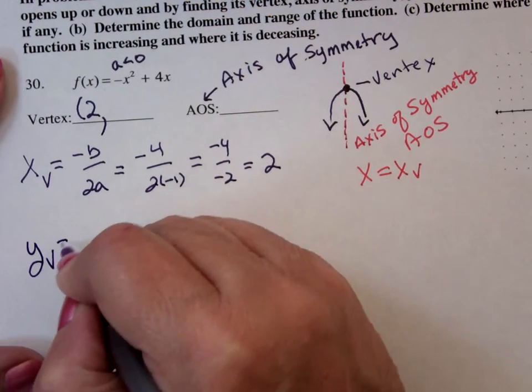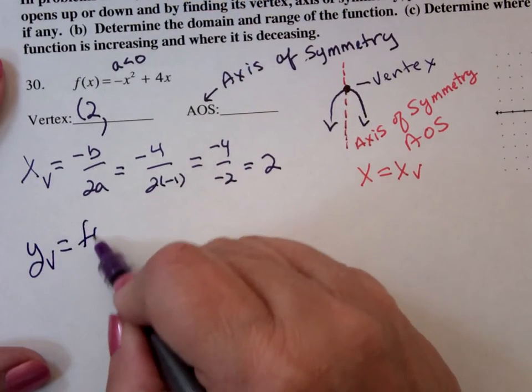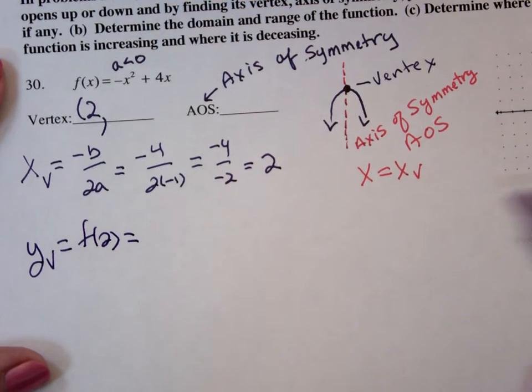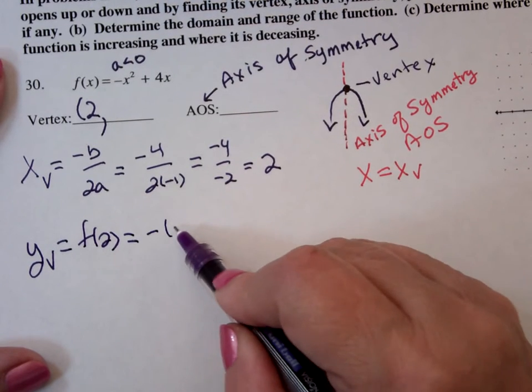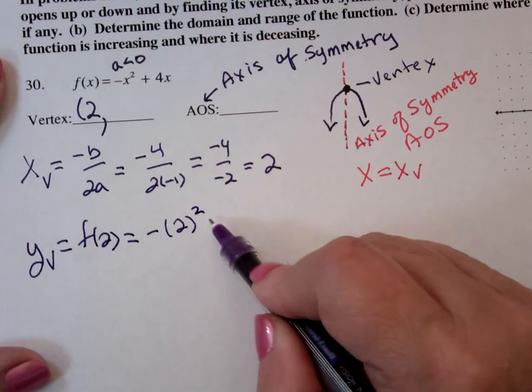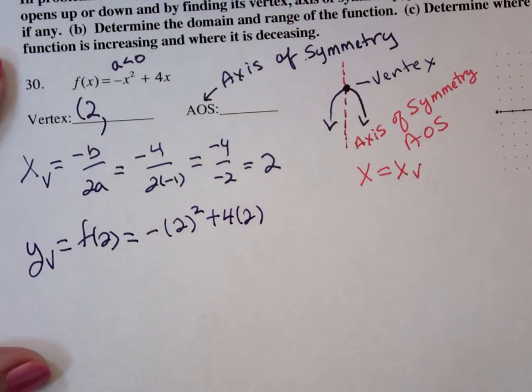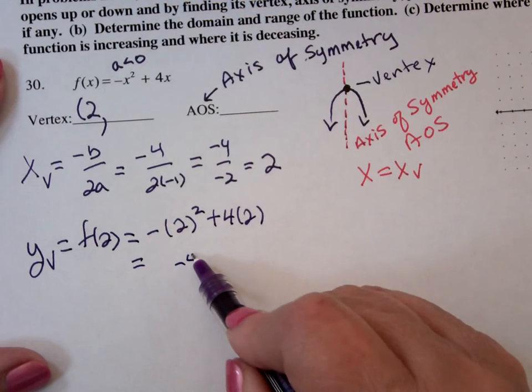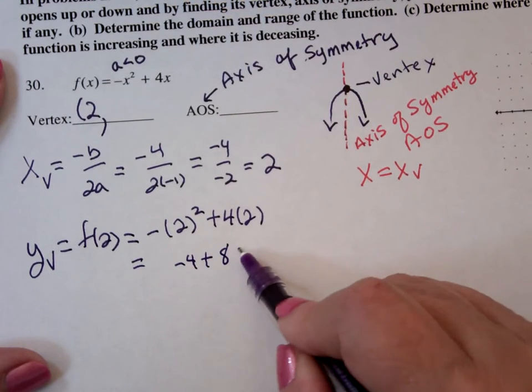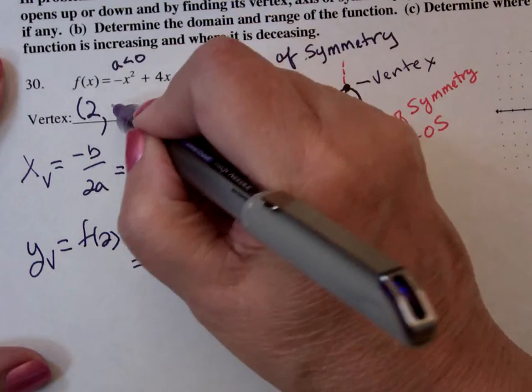The y coordinate of the vertex is f of 2. So it's minus 2 squared plus 4 times 2, which is minus 4 plus 8, or 4.